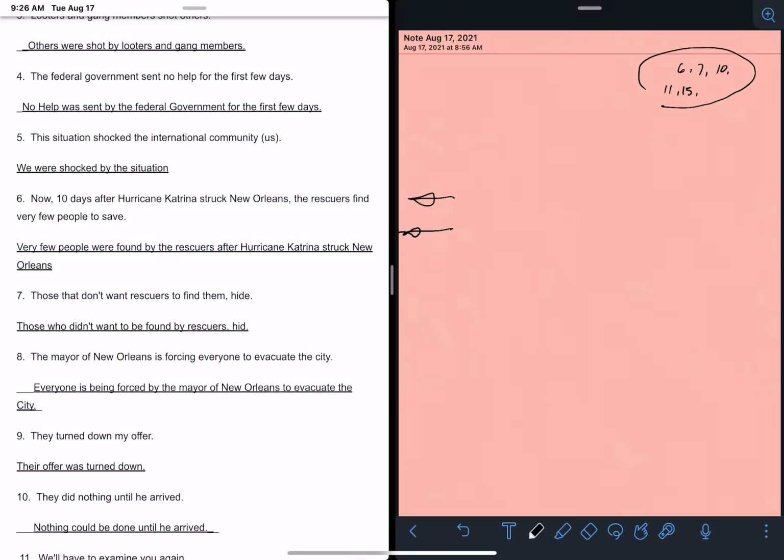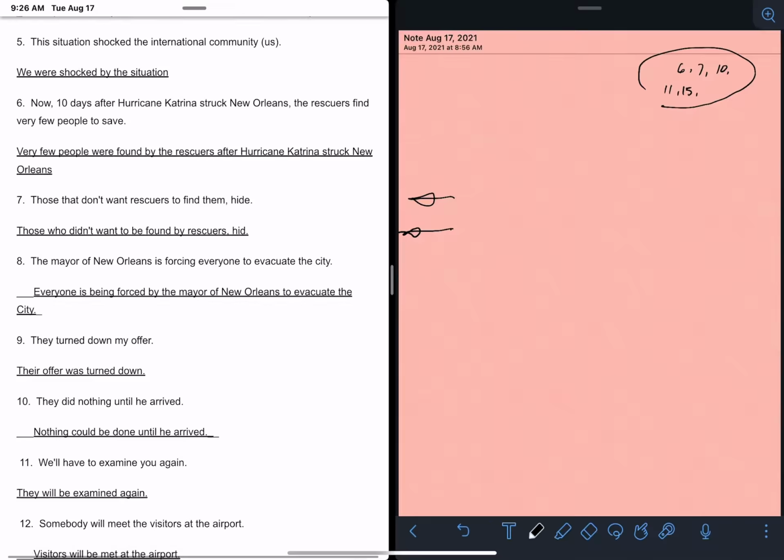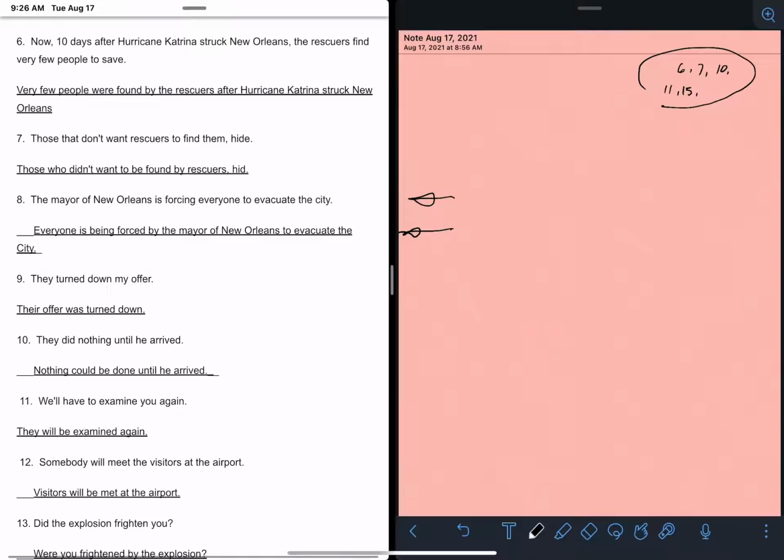So in the passive, very few people are found. Yes, so we'd have to switch the were for are just to keep it in the present passive voice. Good.